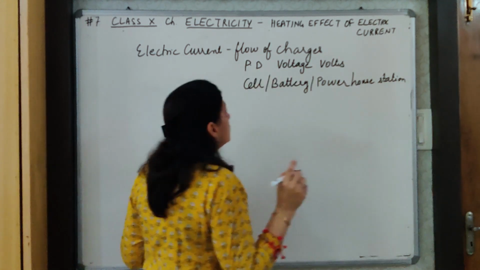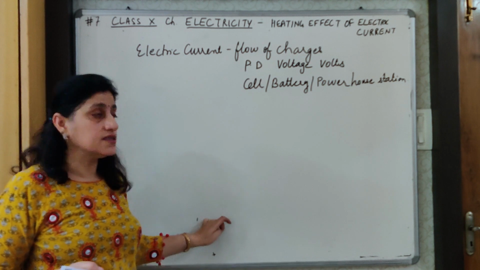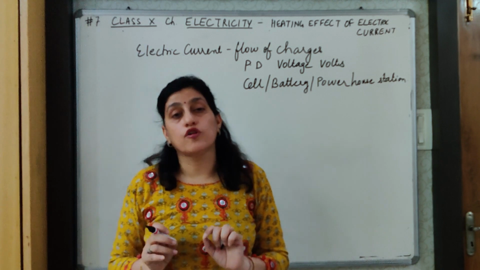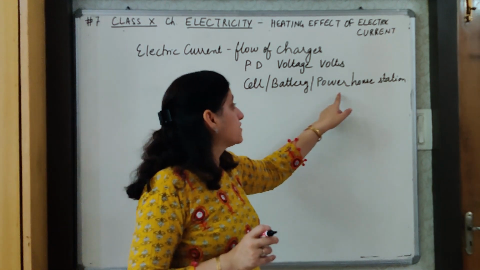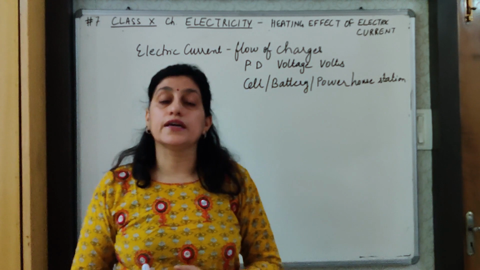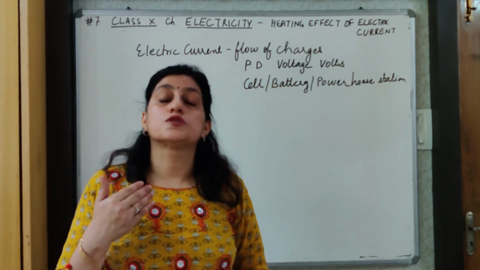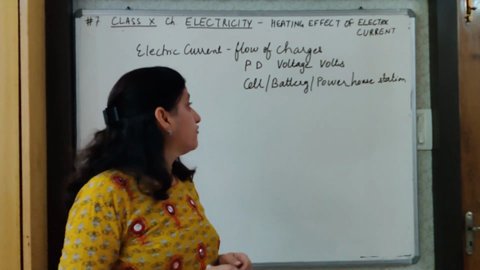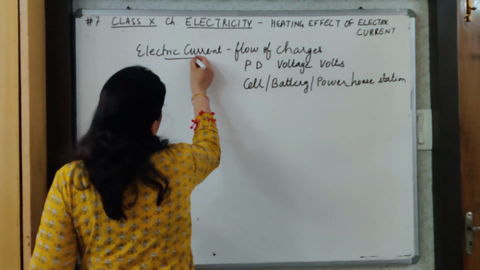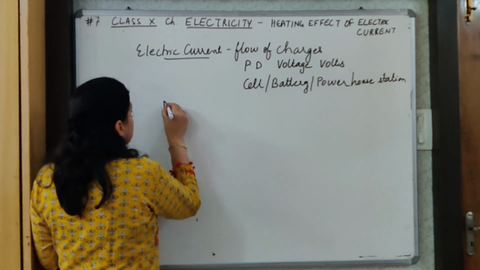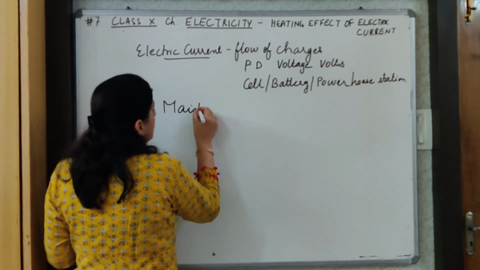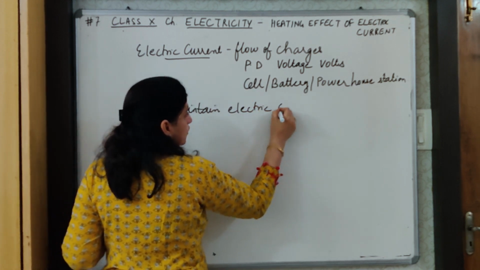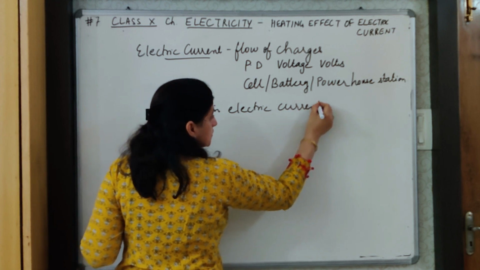Now to maintain this potential difference, the cell or the battery has to spend its energy in the form of chemicals, or electricity from the powerhouse stations maintains this potential difference, which spends a certain amount of energy for which we pay the bill. Therefore, in order to maintain electric current, what has to be used?